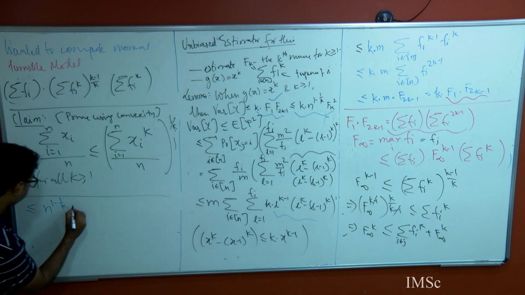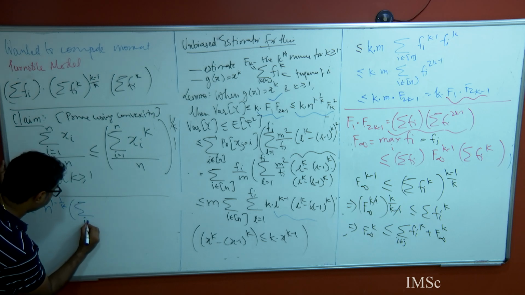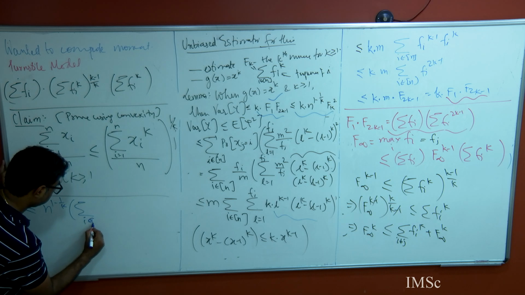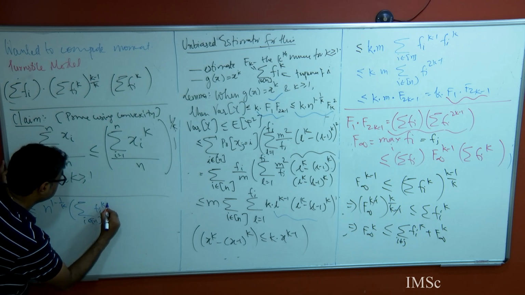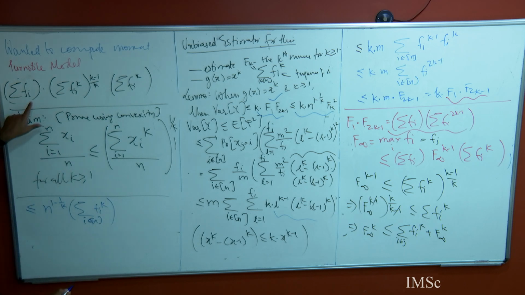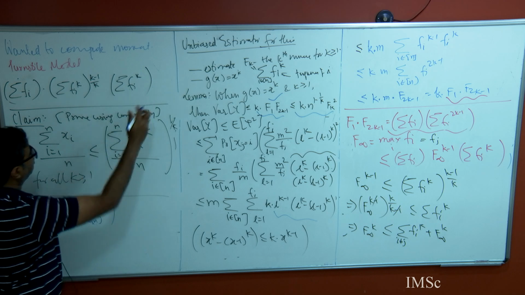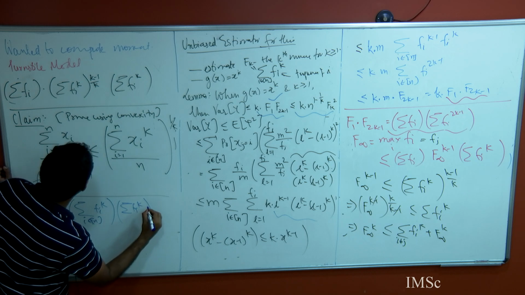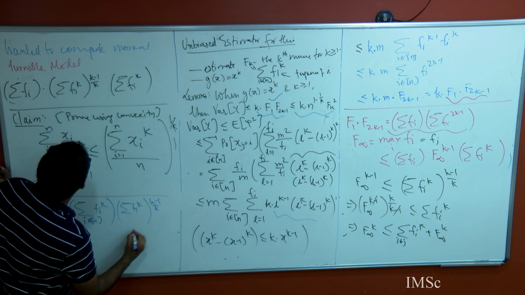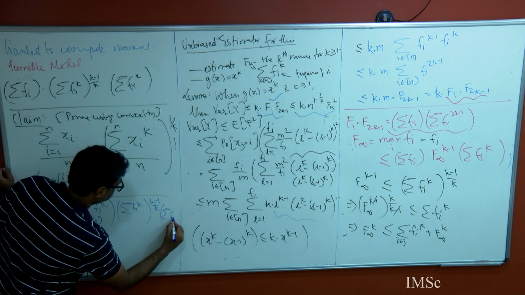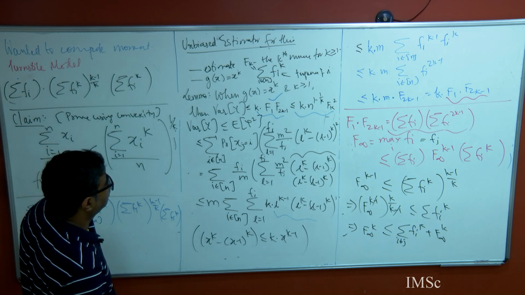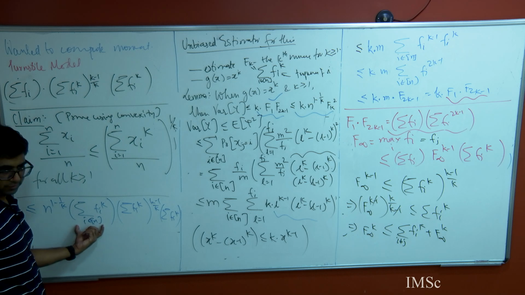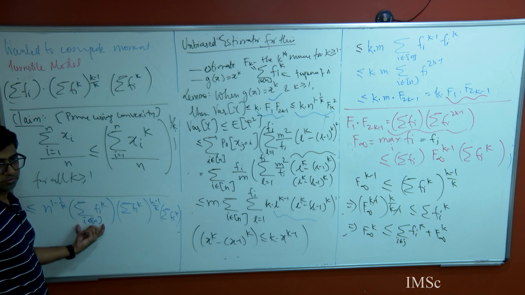right? Summation i equal to 1 to n. Right. So this is what I have replaced this with, and then I have all this quantity. I think we are very close to whatever we want. Okay, but what is this quantity? This is exactly what f_k is, right?